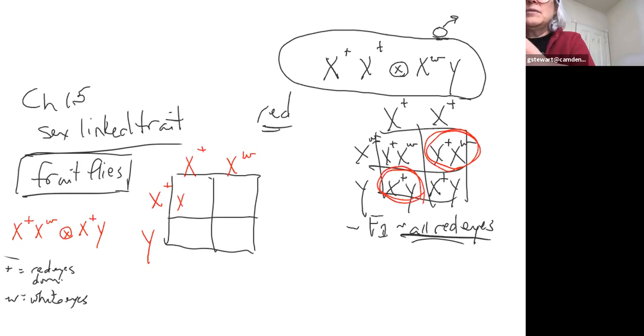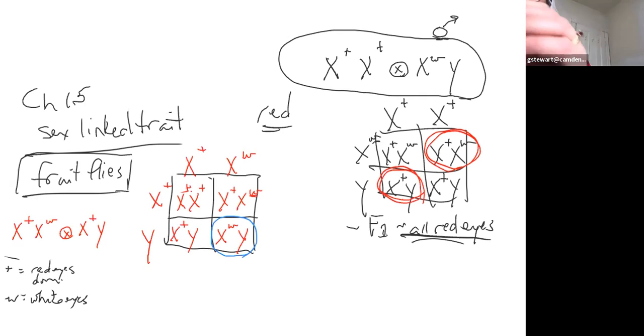So this is going to be a female fly because it has two X's, and she is homozygous for red eyes. This is a carrier female because she's going to have red eyes, but she's carrying that mutation for white eyes. This would be a red-eyed male. Look here. Here we end up with our white-eyed male.